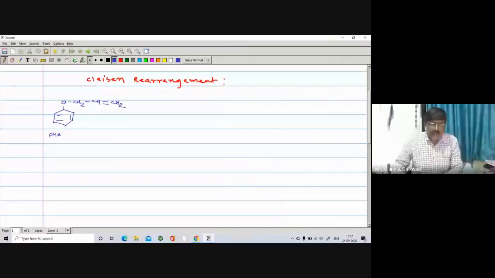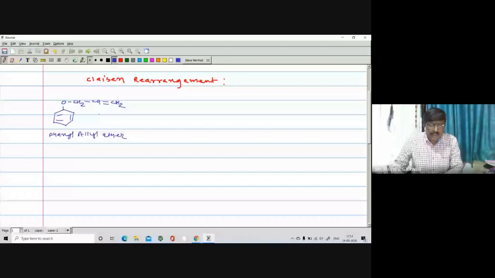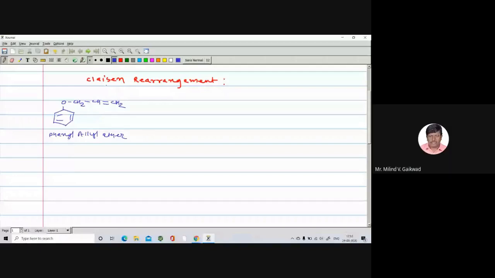So this phenyl allyl ether, when you heat it at near about 200 degrees centigrade, then what happens? It undergoes a rearrangement.